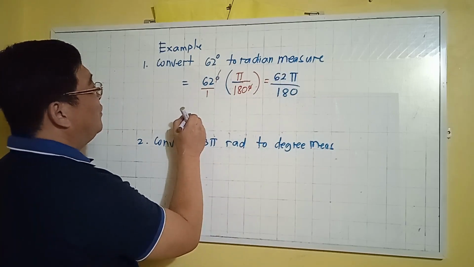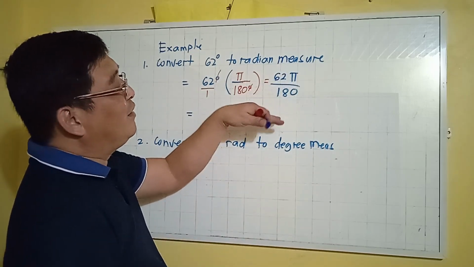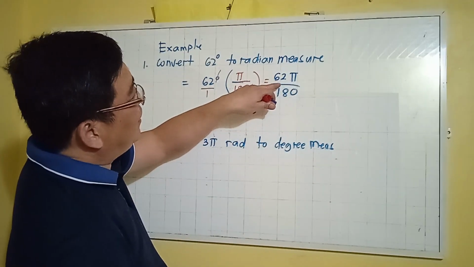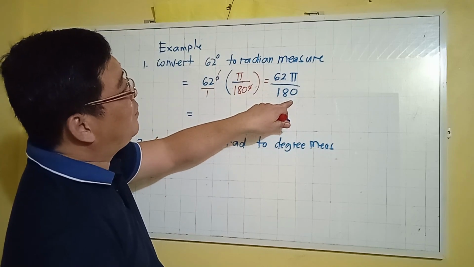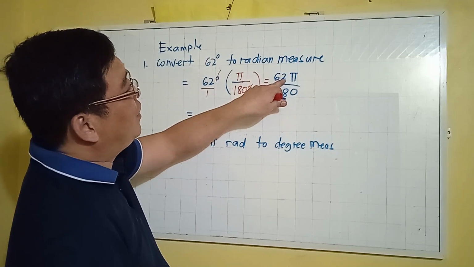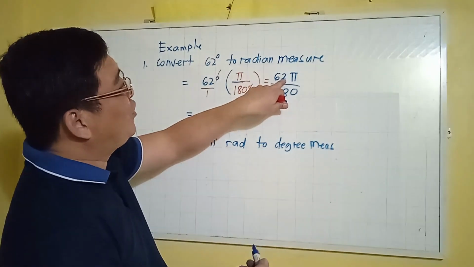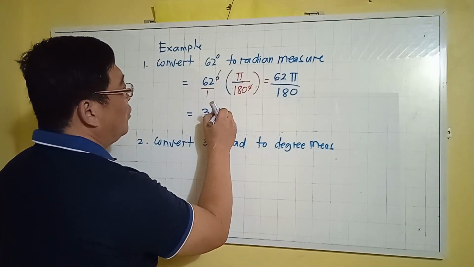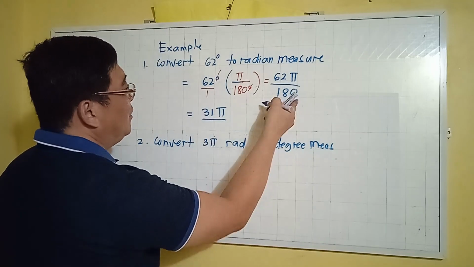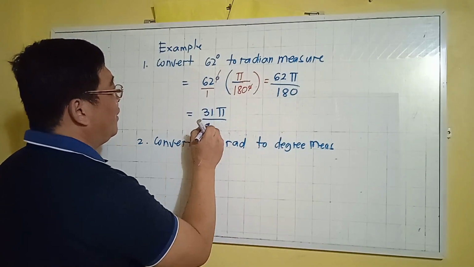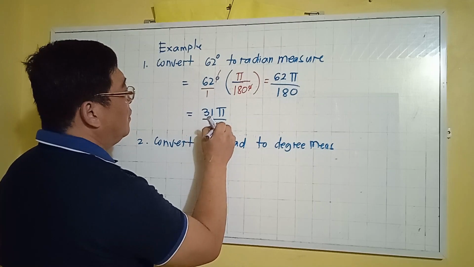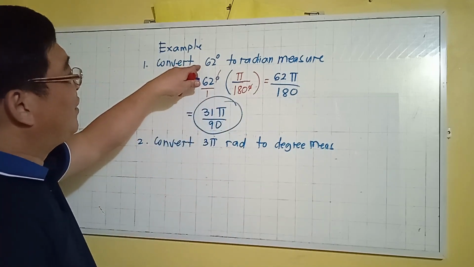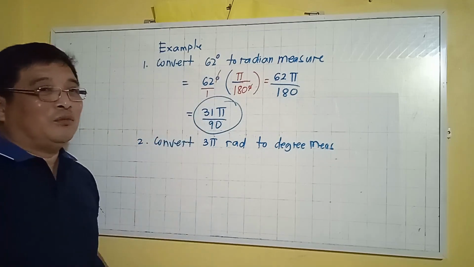Pagka sinimplify natin yan, let's say this one is divisible by 2 and this one is divisible by 2. 62 divided by 2 is equals to 31. Kopihin lang yung pi. Yung 180 divided by 2, we have 90. So, equivalent in terms of radian, 62 degrees is 31 pi over 90.